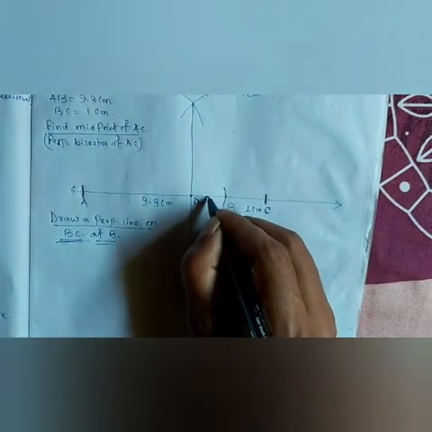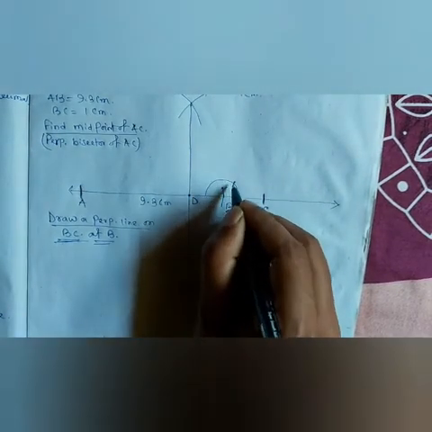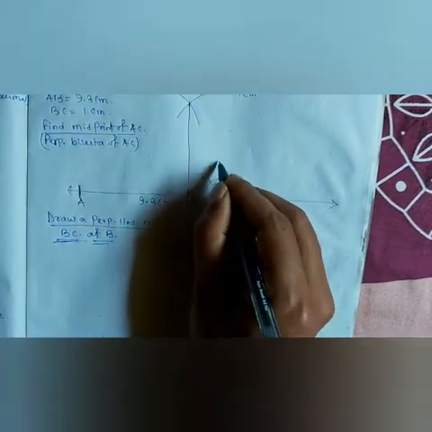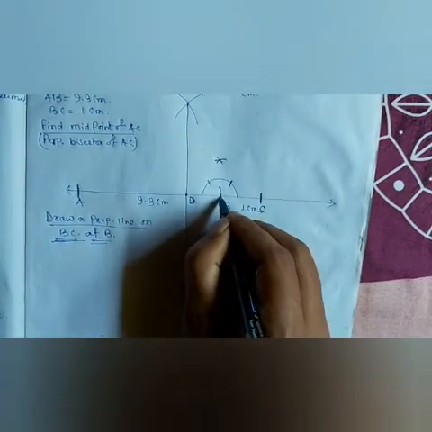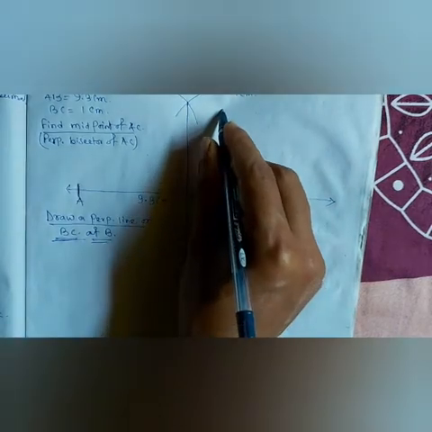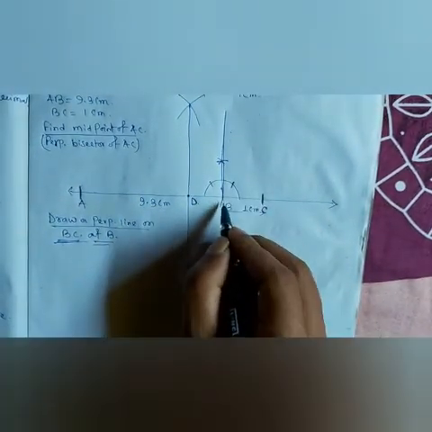So similarly, we have to draw like this way. Start from here, again start from here, and start from here. Like this. Then we have to join this. This one is the perpendicular line on BC at the point B.